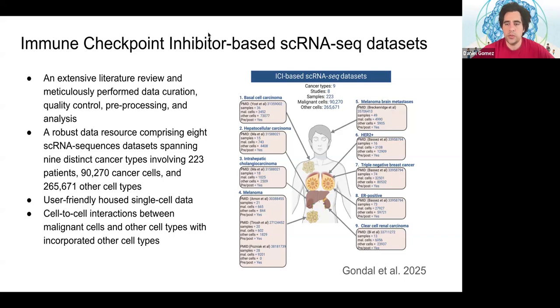The eighth one is ER positive in Bassez et al., and clear cell renal carcinoma in Bi et al. So this is in Gondol et al. 2025, where we have 9 different cancer types in 8 different studies, 223 samples, 90,270 malignant cells, and 265,671 other cells.